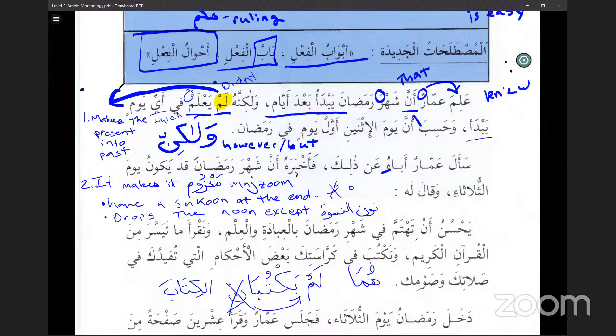Okay? وحسب أن يوم الاثنين أول يوم في رمضان. وحسب, we have the فعل حسب, which we took earlier. Let's see here. Ahmed Hisan, akhi, salam alaikum. Do you remember what حسب means?